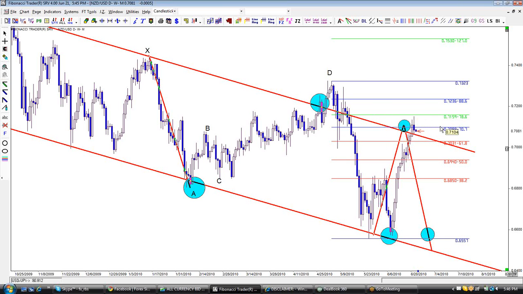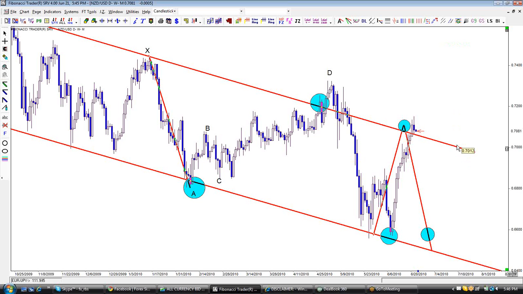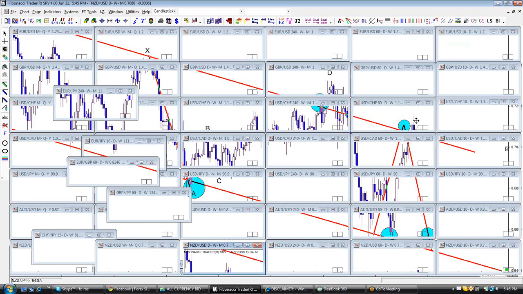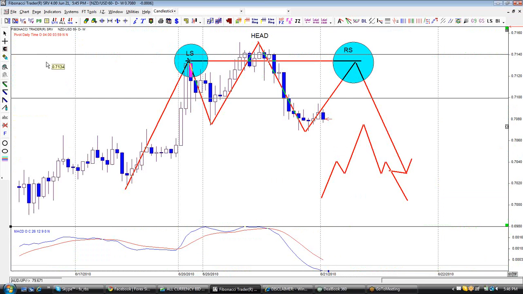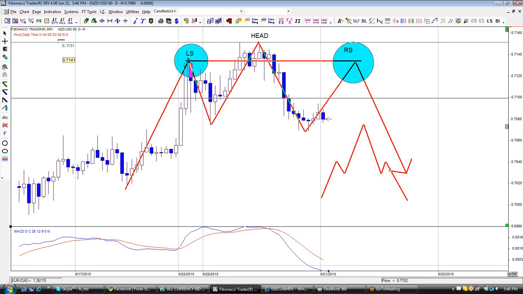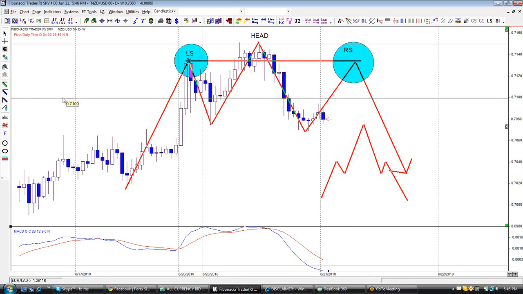This area between 7100 and 7150 can become our desired area to find a sell entry. This is our resistance area. I will go to the lower time frame. Between 7100 and 7150, we find this bearish head and shoulders. Now, this is a high probability trade.